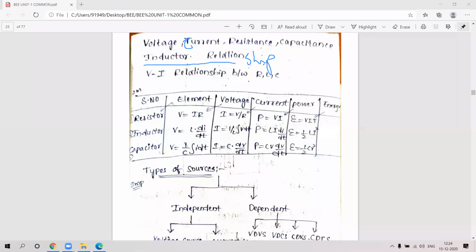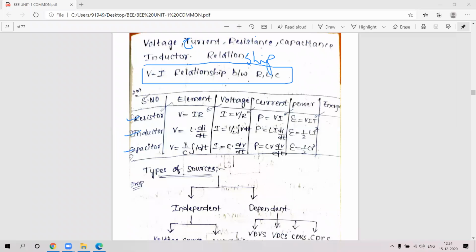They will ask the question like VI relationship for passive elements. What is VI relationship for passive elements? Passive elements are resistor, inductor, capacitor.